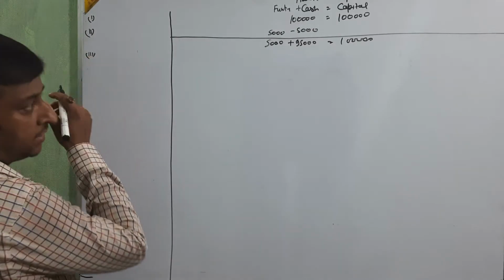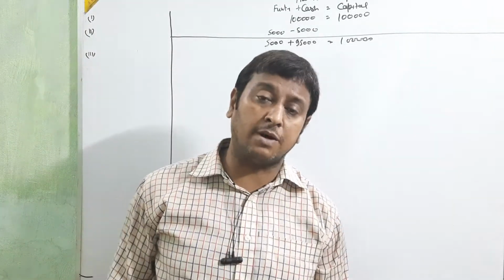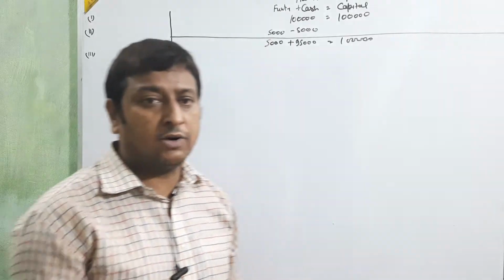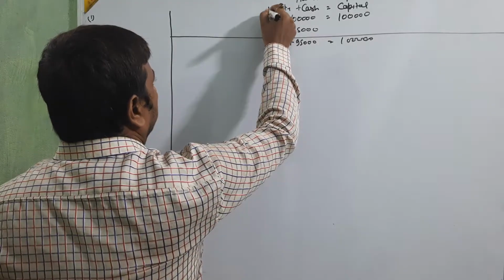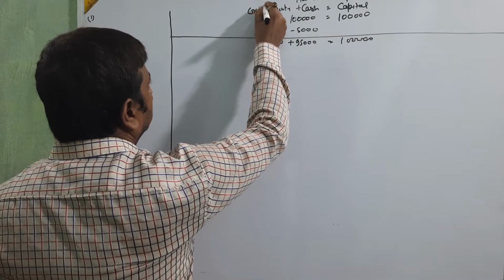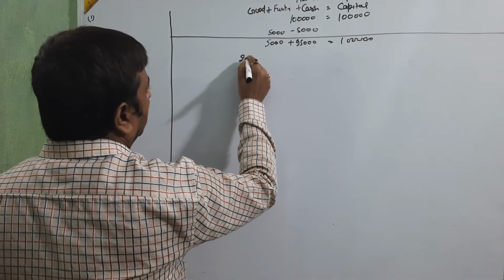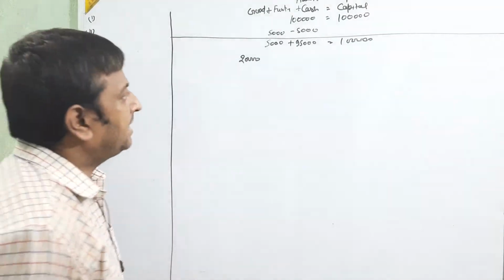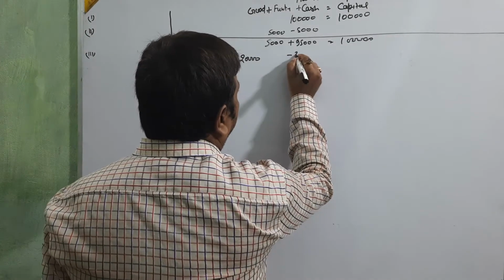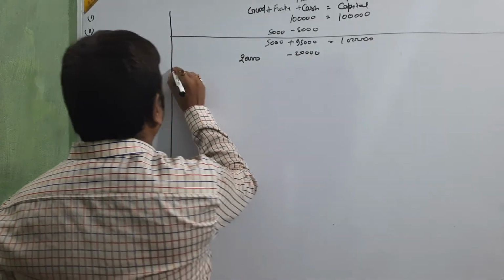Purchase goods for cash 20,000. Again you are going to purchase goods in cash. It means a new head is coming, that is goods, amount 20,000. It is added, beta, but we pay that 20,000 by cash, so 20,000 is less from the cash.